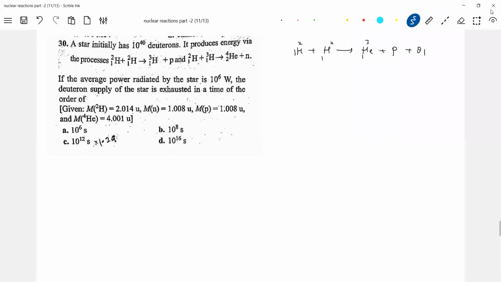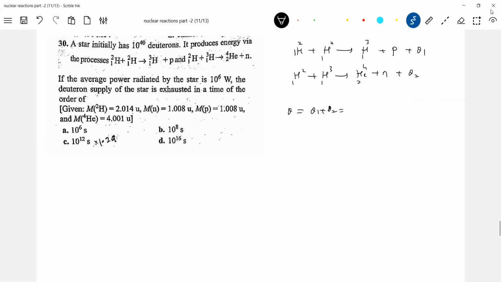Better you take the help of an equation like this. The total Q1 plus Q2 is the total energy released, and the 1H3 on either side will cancel out. No need to search for that particular information. You can now substitute this.